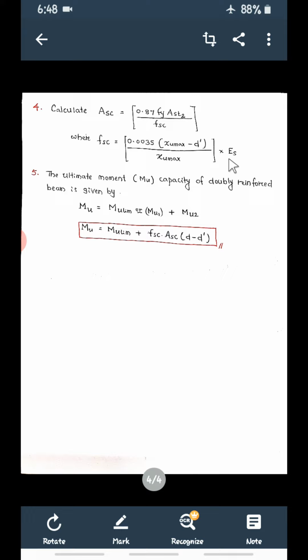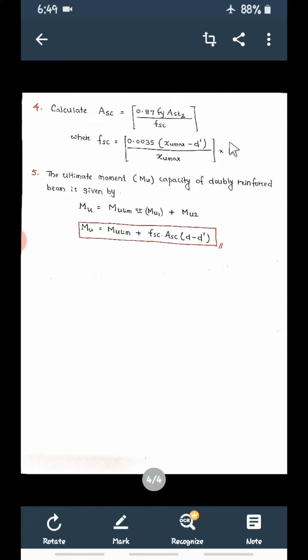So this is the strain, what you are seeing. So stress is equal to strain into Young's modulus of steel. So we can calculate Fsc from this. Fsc is equal to 0.0035 into (xu max minus d dash) divided by xu max, into Young's modulus of steel.